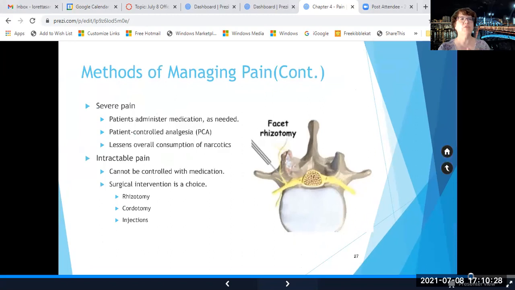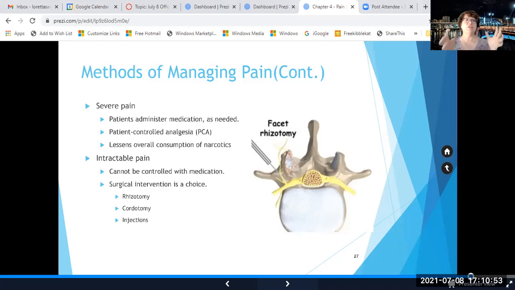When you get into severe pain or intractable pain, which is pain that cannot be controlled with medication, we often get into patient-controlled analgesia. If you've ever seen someone in the hospital, they have their little pain button. So they have an IV, and that controls their pain.